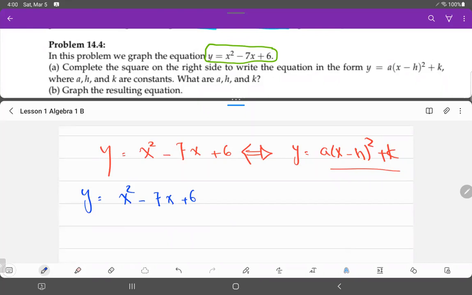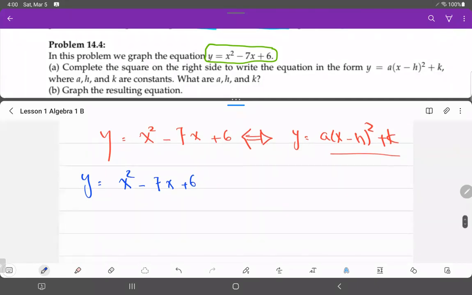Using completing the square, the method that we used to do, right? Okay, y equals x squared minus 7x plus 6. Before, let me tell you something.